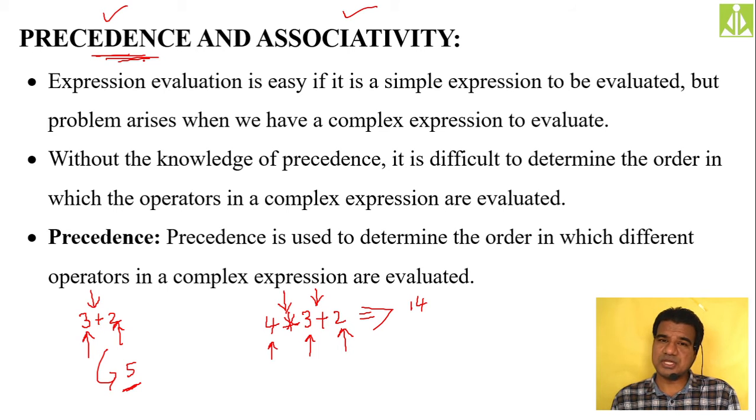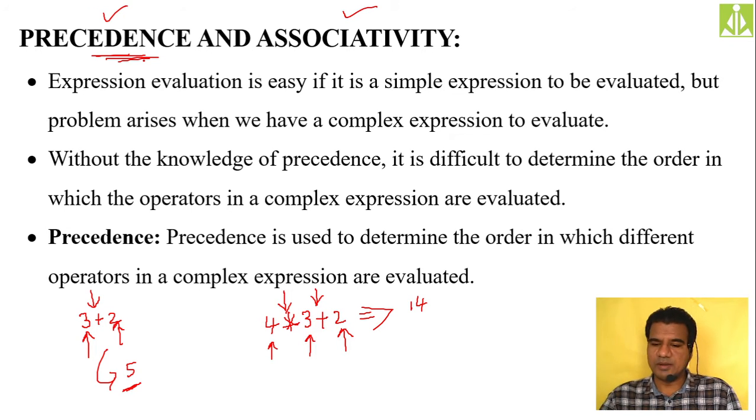But if the expression is complex, if it has more than one operator, then there is a confusion about which operator we need to evaluate first and which next. Exactly at that confusion, the concept of precedence will help you know what operator we have to evaluate first and what next.